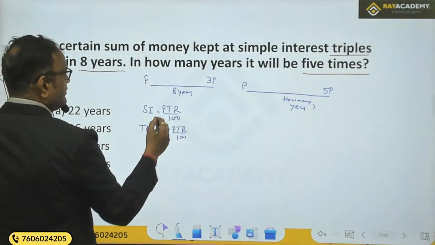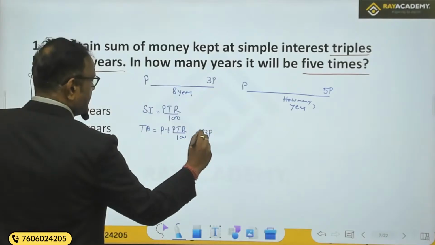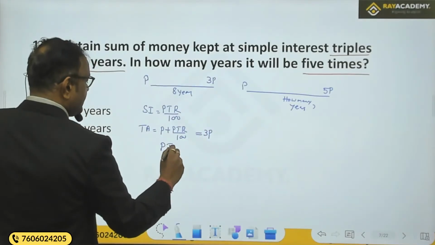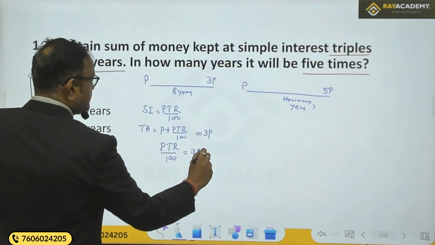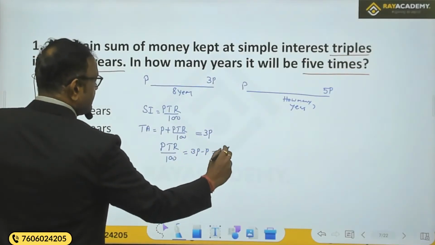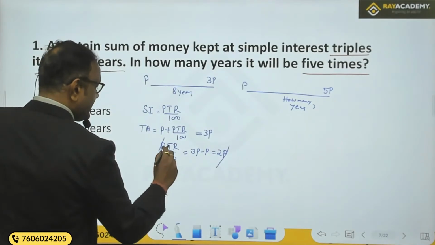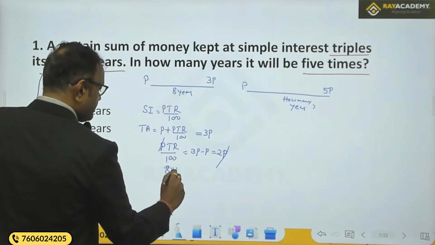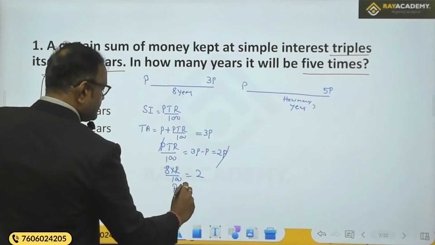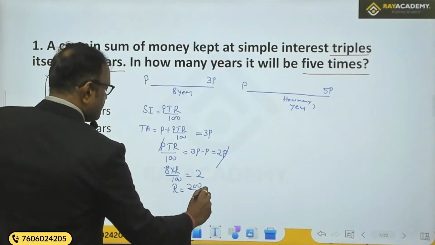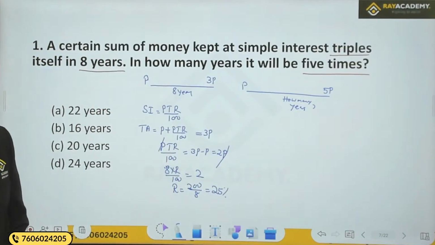Total amount, principal is P, total amount is given as 3P. So total amount becomes 3P. So PTR by 100 is 3P minus P, that is 2P. Now P gets cancelled. T is given, 8 years. 8 into R by 100 equals 2. So R is 200 by 8 that is 25. So we found the rate of interest: it is 25%.